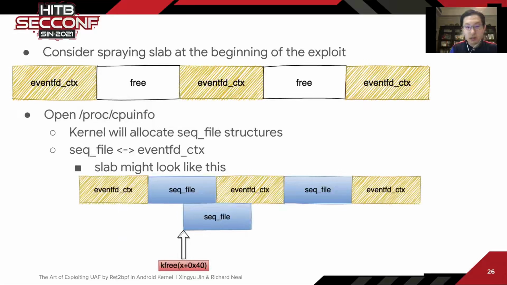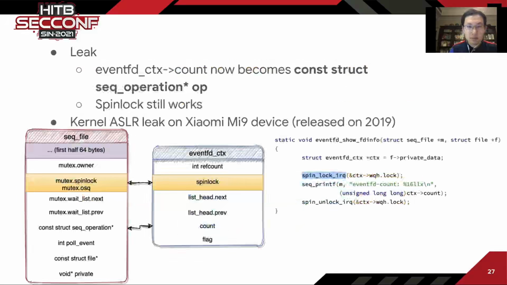The overlapped eventfd and seq_file structures lead to a very interesting result: the count from the eventfd now becomes the seq_operations pointer. Very likely the spin locks overlap each other, so the spin lock from the eventfd still works, and we can read the seq_operations pointer from the eventfd through the pseudo-file system again. By doing so, we can successfully leak the kernel ASLR from the Midnight device here.